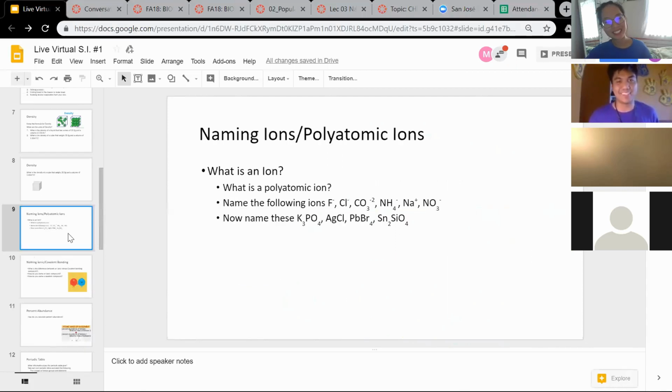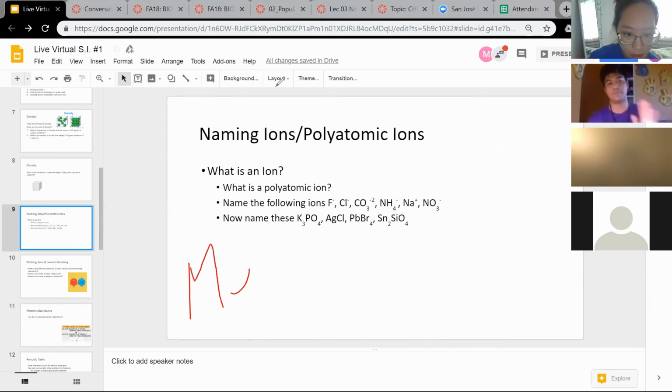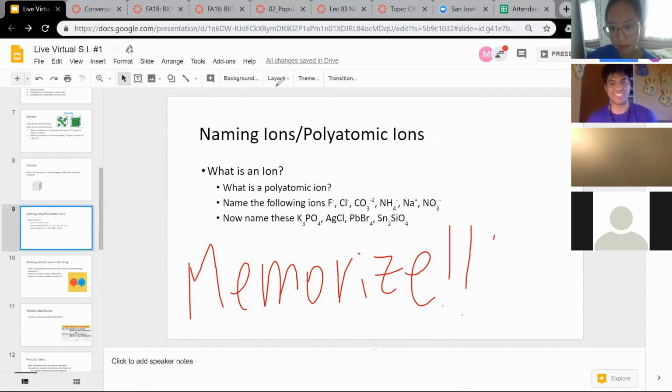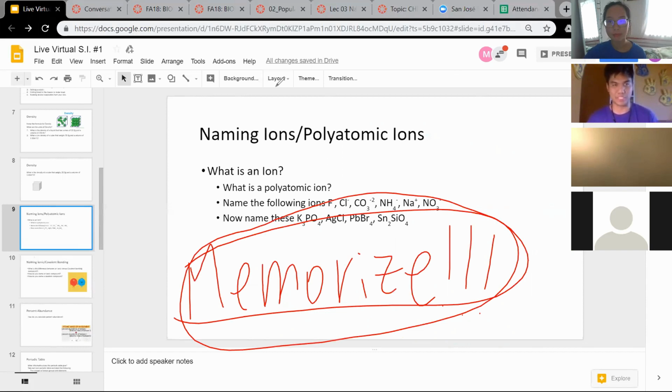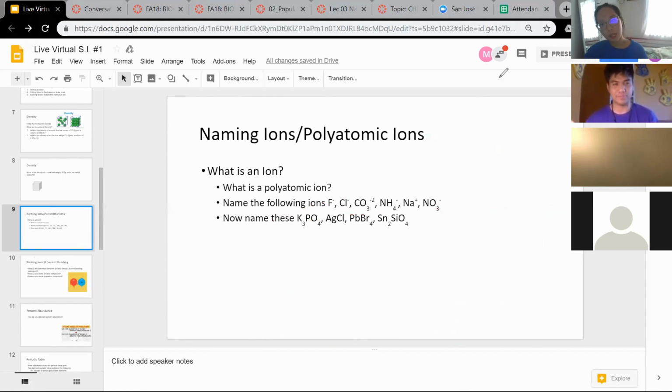So next, we're going to move on to polyatomic ions. Throughout the semester, you should have been familiar with memorizing your polyatomic ions on that sheet Dr. Kelly gave you. I believe the sheet is located in the files, in a folder like the table of common ions or polyatomic ions.